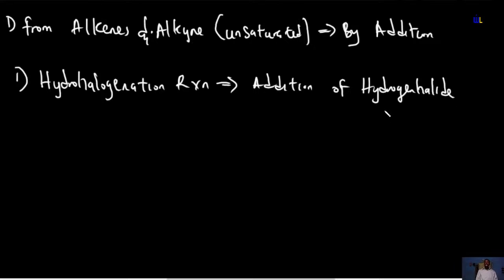Examples of hydrogen halides are hydrogen chloride, hydrogen fluoride, hydrogen bromide, hydrogen iodide. So once you are adding a hydrogen halide, the type of reaction you are undergoing is hydrohalogenation. Before I continue, let me quickly set up something in one minute.